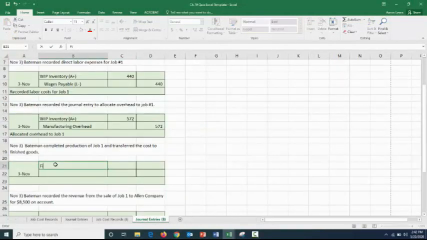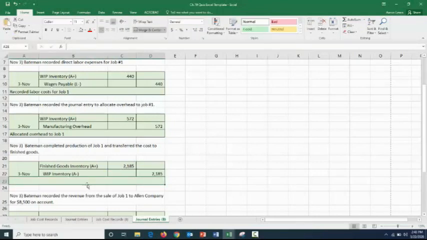So since we finished it, we're going to take it out of our WIP inventory and put it into our inventory account, which tracks how much inventory we have that is in a sellable condition. These business cards are done and therefore sellable. So we're going to put the $2,185 cost of job 1 into our finished goods inventory account, and we are going to take it out of WIP inventory.